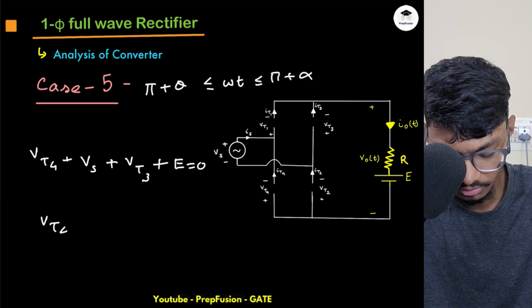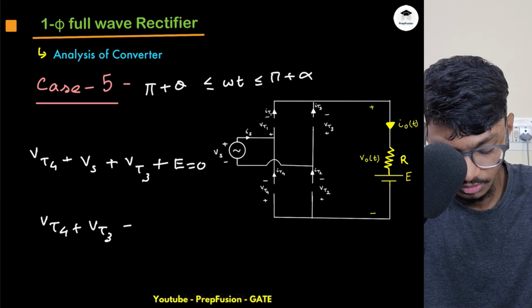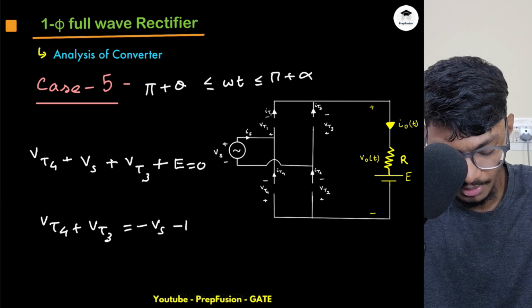So my VT4 plus VT3 will be equal to minus of Vs minus E.